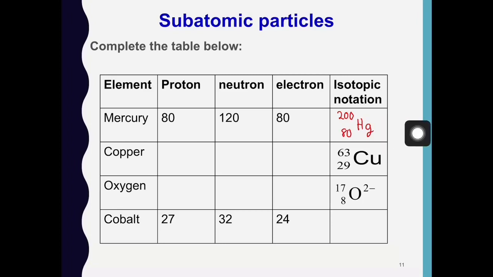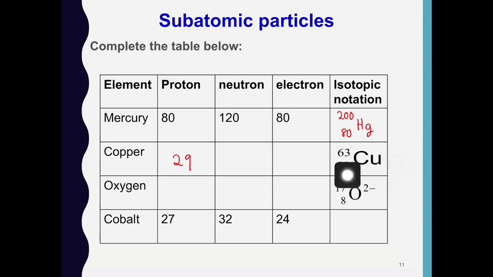Look at the next example, for copper. For this example, the isotopic notation is given, so we have to predict the number of proton, neutron, and electron. So 29 is the number of proton.